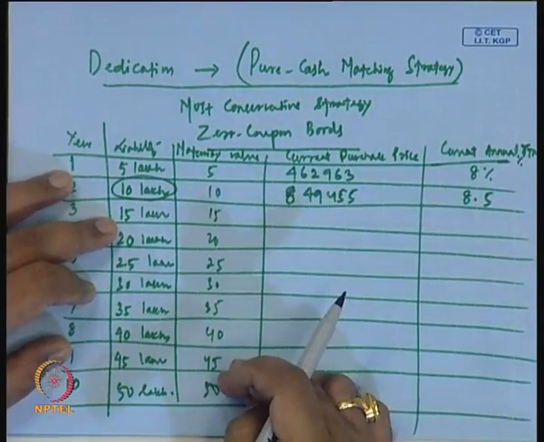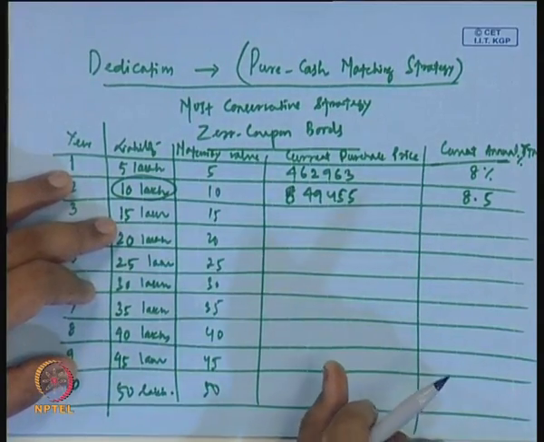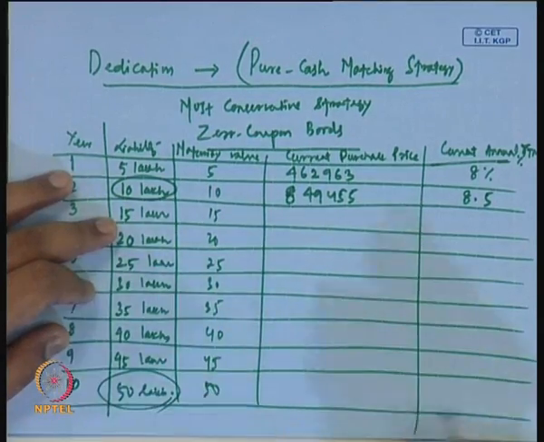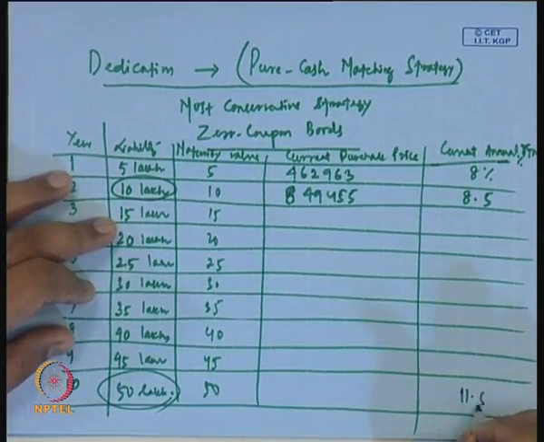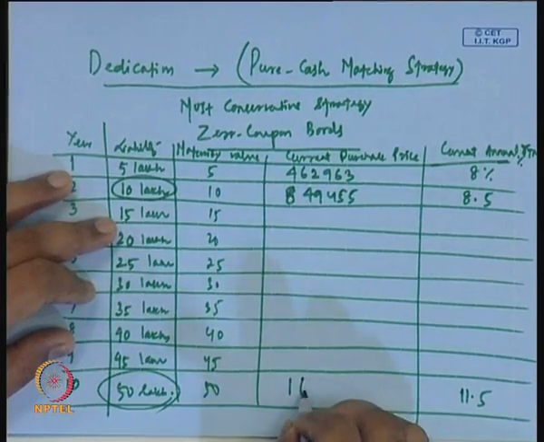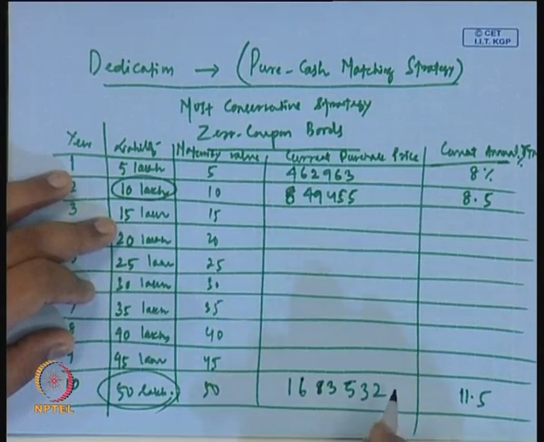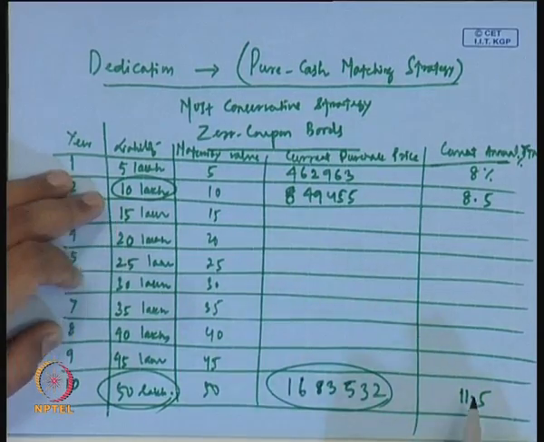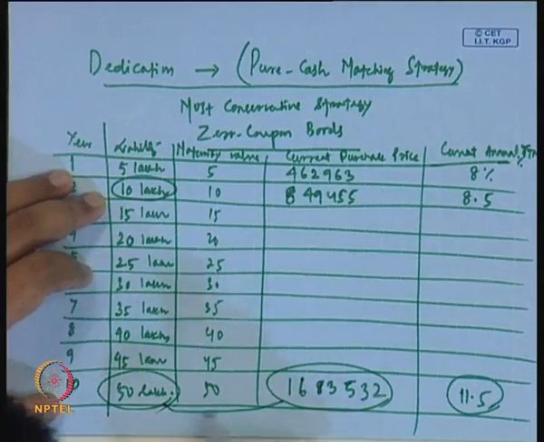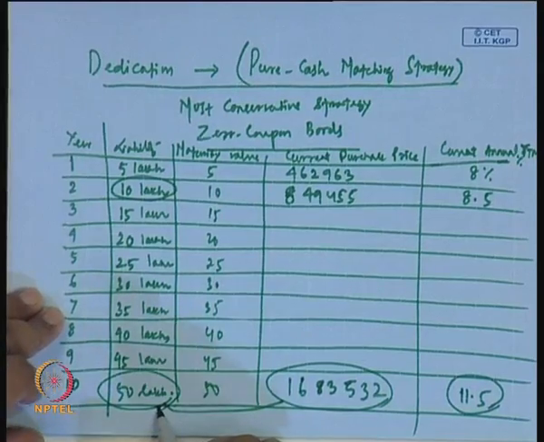So if you see, the zero coupon bonds are redeemed at the same time when the liability falls due. Finally, let your yield be 11.5%, but here he should invest 16 lakh 83,532 rupees from the beginning, and after 10 years if the yield to maturity is 11.5%, it will perfectly match this 50 lakh rupees liability that this investor has.